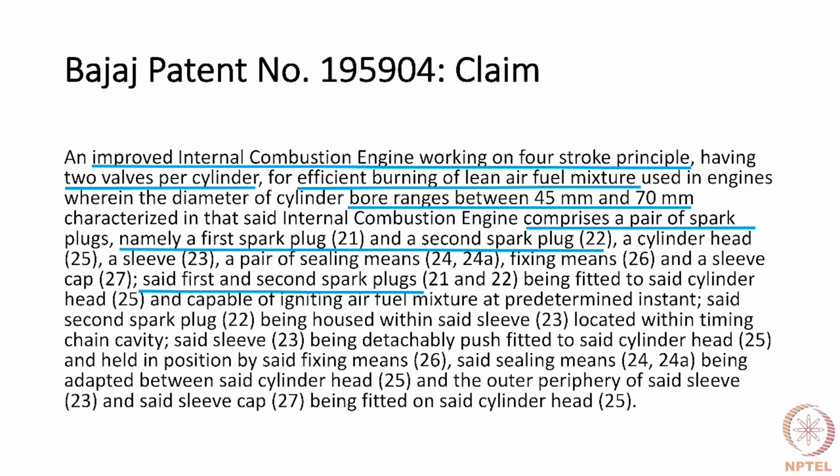It was inefficient burning. We converted into positive language. Cylinder bore restricted by a particular range, 45 mm to 70 mm. The engine comprising of a pair of spark plugs, the first spark plug and the second spark plug, in detail telling us how it is arranged on or fitted onto the cylinder head.